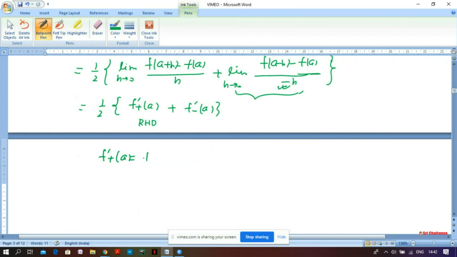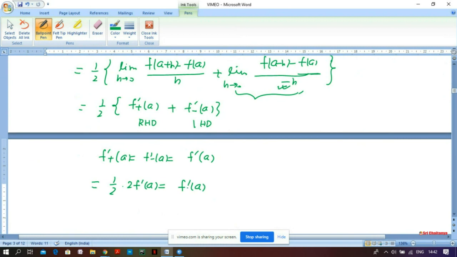These are all equal, and the common value is called f prime a. So we don't call it left and right; it is the derivative of f at a. So this becomes half times 2 of f prime of a, and that gives you f prime of a. So we have proved it.